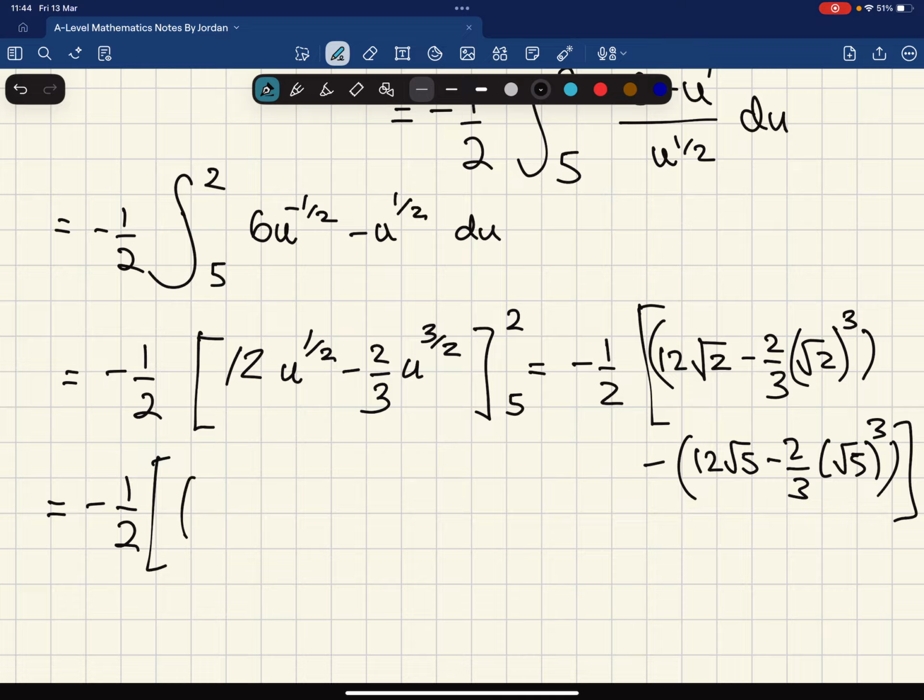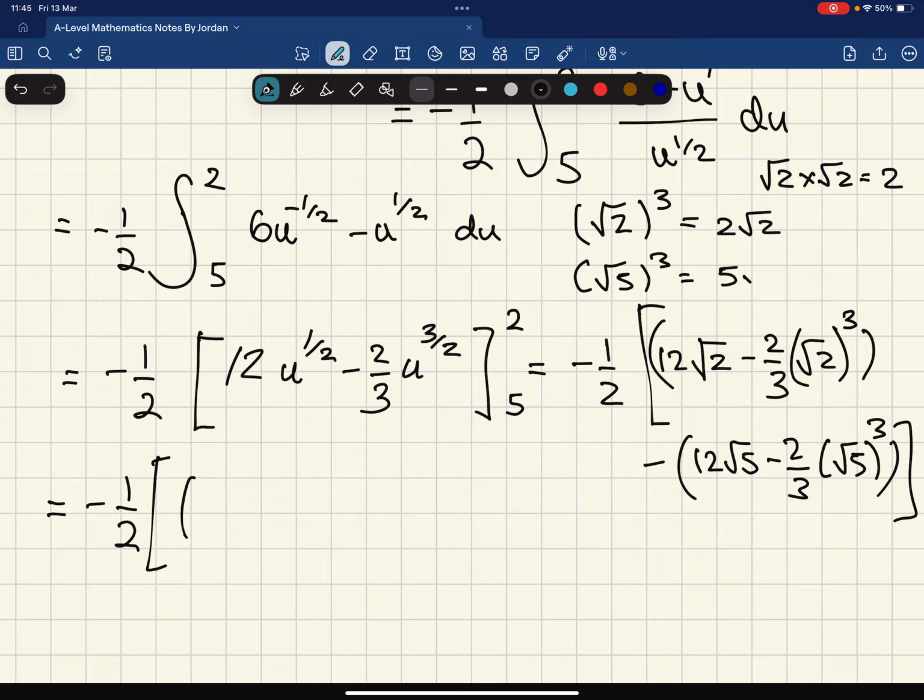Okay, so what I'm then going to do is make a note of what √2 cubed is. So if I was to do √2 times √2, that just gives me 2. And then if I times by another √2, that gives me 2 √2. And then √5, if I follow the same method, would give me 5 √5.